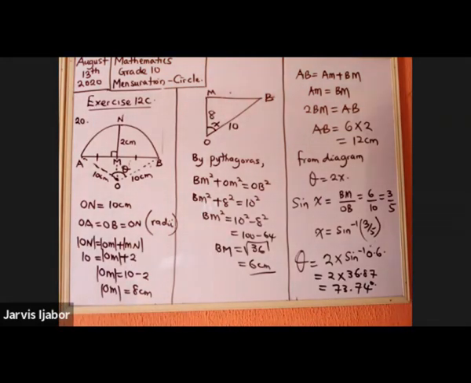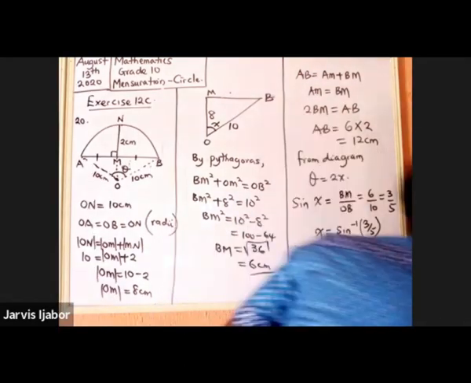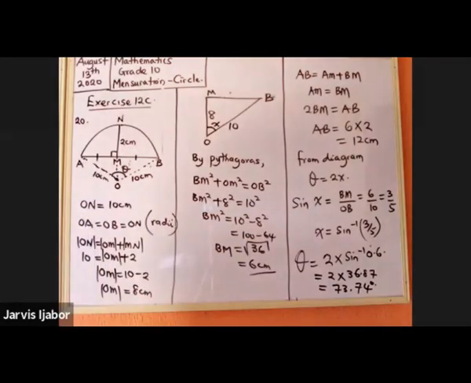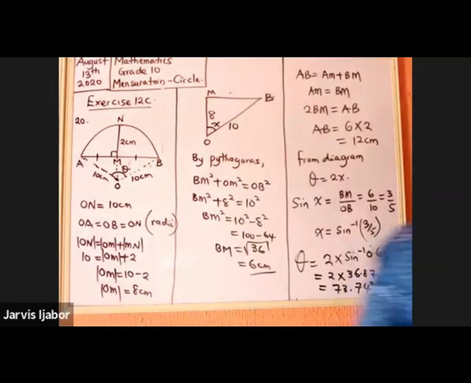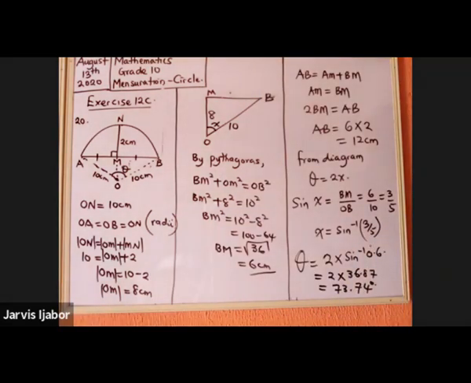For question 3, the last question now says the difference between the length AB and the arc AB in terms of millimeters.